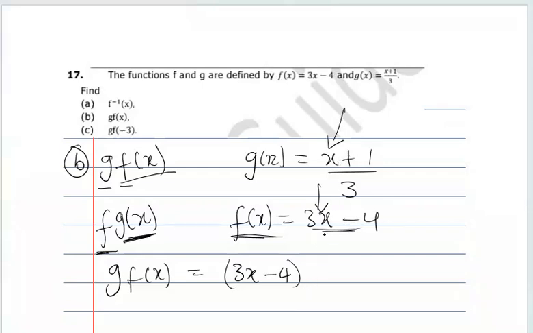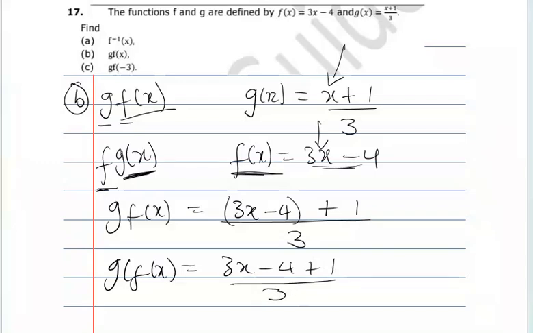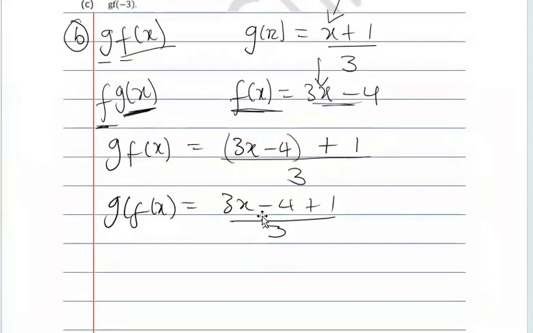So where there is x, we are substituting f of x. Then here, plus 1 over 3. So g f of x is equal to 3x minus 4 plus 1 over 3. Negative 4 plus 1 is negative 3.